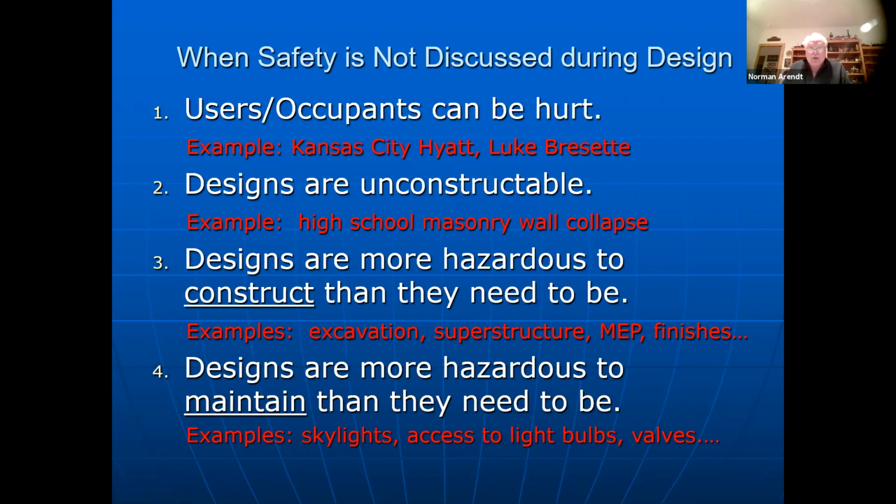Some designs by themselves are hazardous, where there's excavations or high superstructures, not to worry about mechanical, electrical, and plumbing or finishes that can have very hazardous compounds used in the process. Some designs are more hazardous, such as installing skylights or access to light bulbs, if we think in gymnasiums and schools. So what can we do to make these a lot safer in the design process?